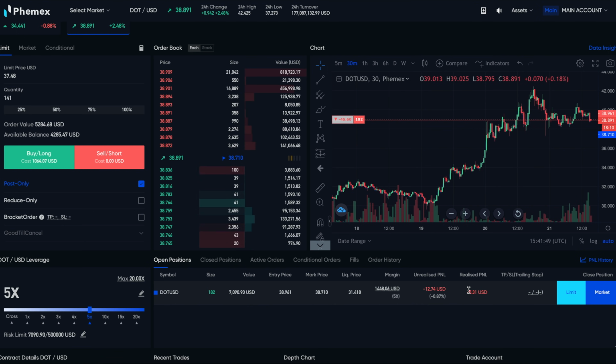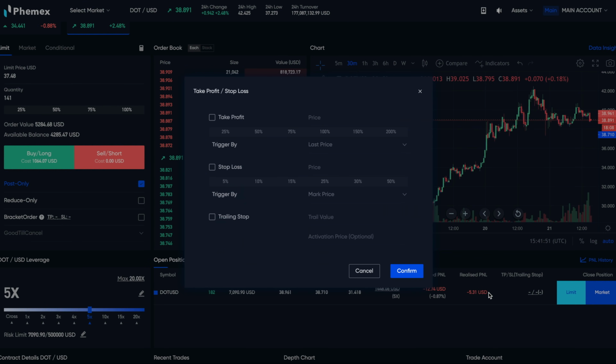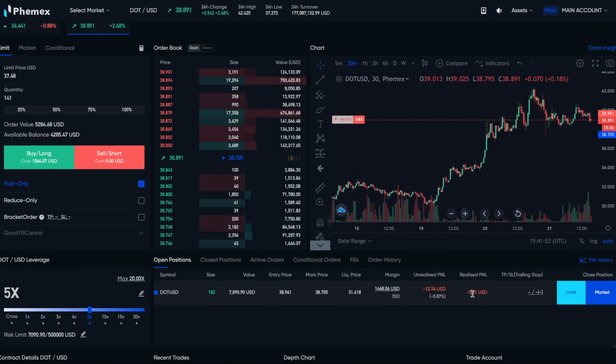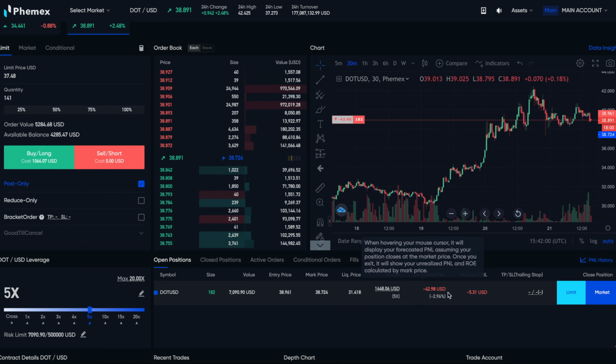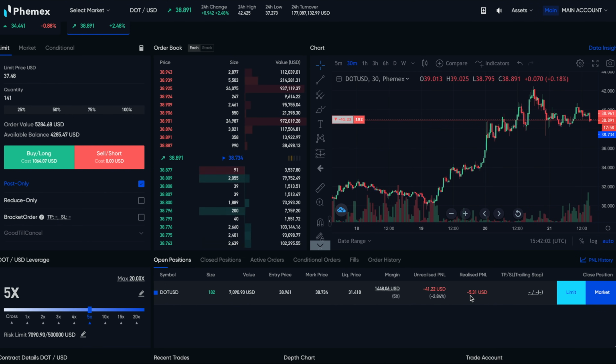So in order to actually break even, crazy enough, you'd have to be up $5.31 to cover the cost of being the maker, which is not that much. If you just sit here and you're patient enough, most likely the crypto asset will go up, assuming that we're still in a bull market and you didn't buy at an absolute crazy level, or sell, depending on if you're longing or shorting.